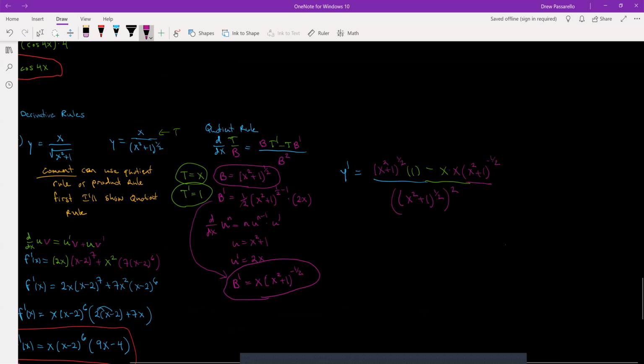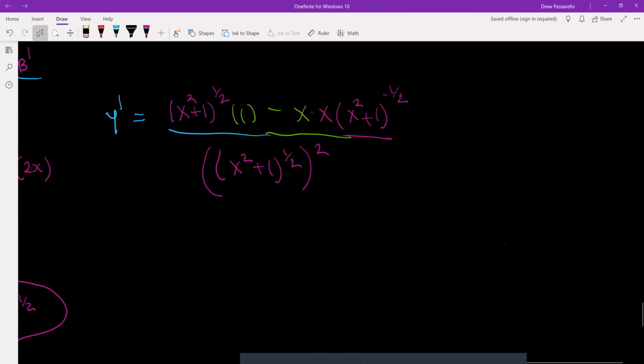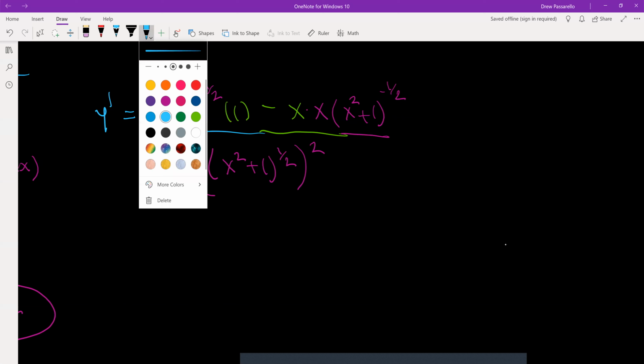I'm going to focus now on simplifying this. I'll put everything in terms of square root signs.